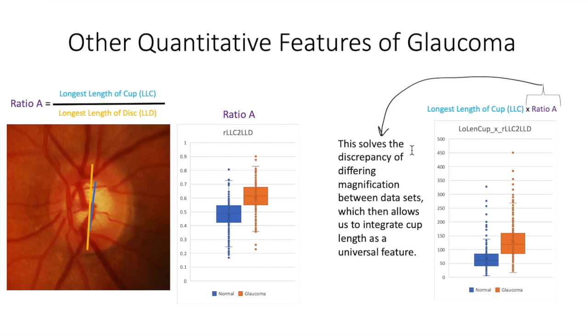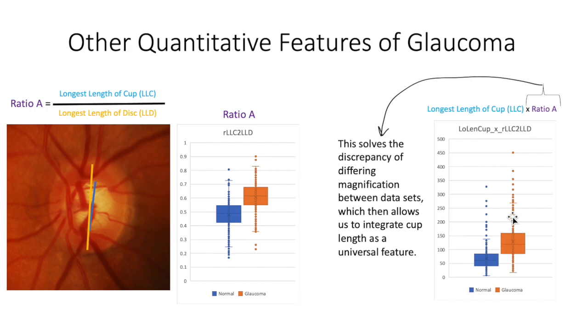We also noticed in every data set that we've analyzed that the length of the cup is longer in glaucoma than in normal, but we could not use this feature because each data set imaged the cup and disc at a different magnification. Thus, I had to figure out a way to normalize it, and I realized that since the ratio A we calculated here exists in every single patient, we can simply multiply that to the length of that patient's cup to normalize the length of the cup as a universal feature that will work across all data sets.